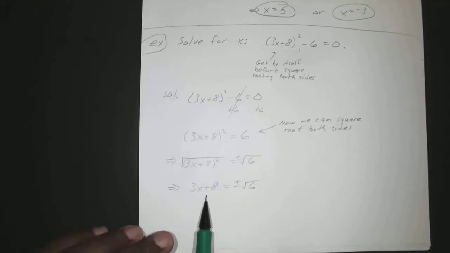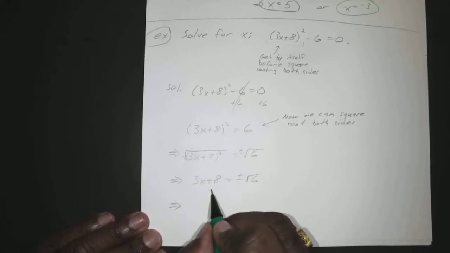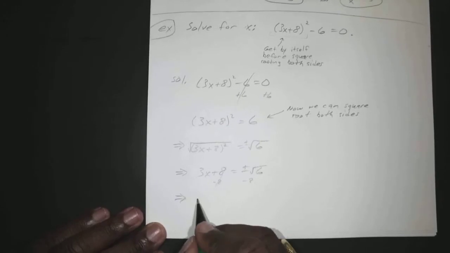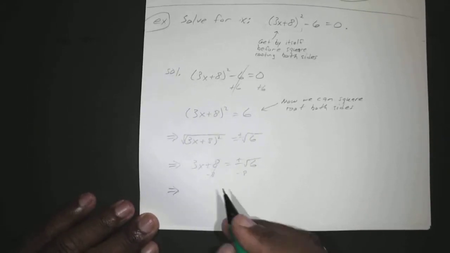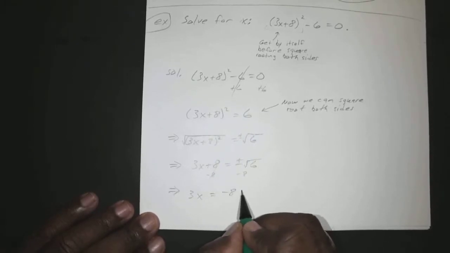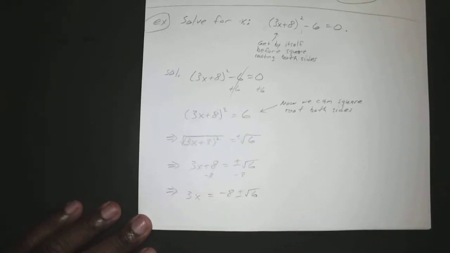Now we just subtract 8 from both sides. These two cancel out. So we have 3x equals negative 8 plus or minus the square root of 6. Now we just divide every term by 3.